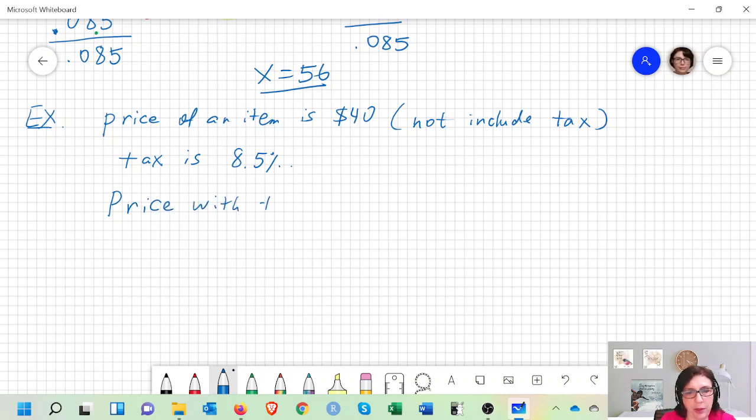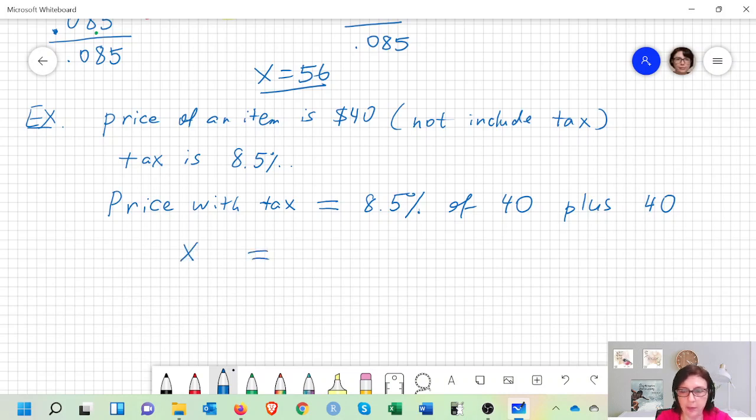Okay, so price with tax. Let's see if we can say that and then transform it to an equation. The price with tax, which we do not know, let's say that's x, is 8.5% of 40 plus whatever the original price is, that's another 40.